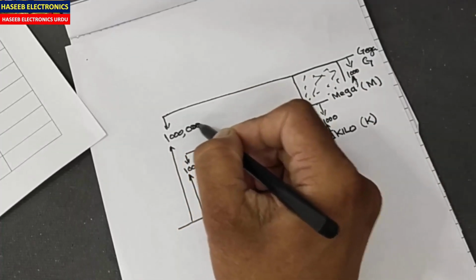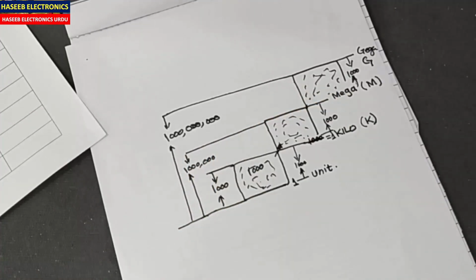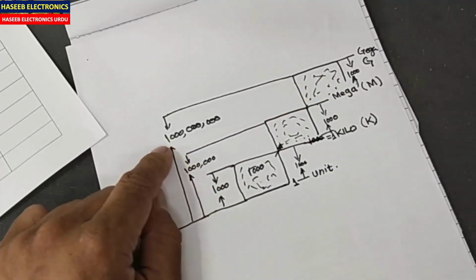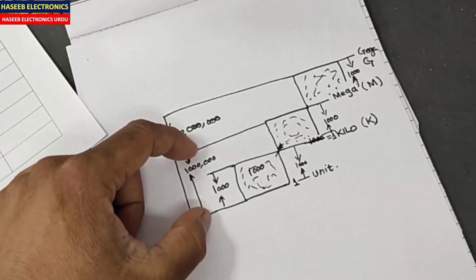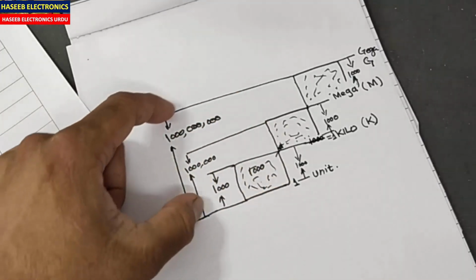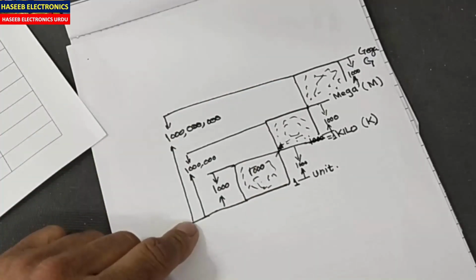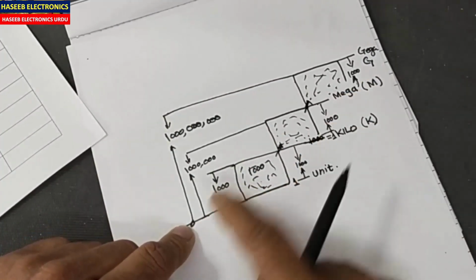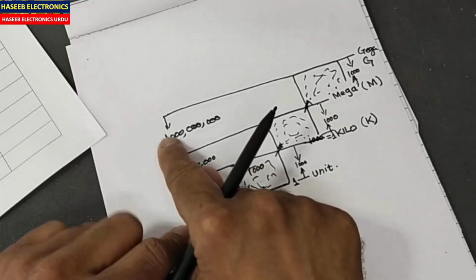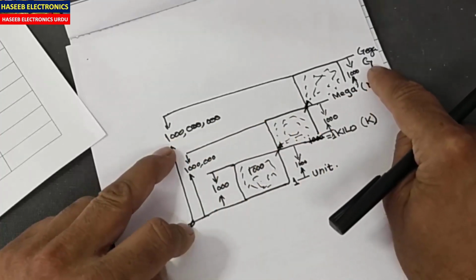So 1 billion, 1000 mega, from this point to this point, 1 million, 1 billion. If we have 1 billion parts, we will say we have 1 giga.